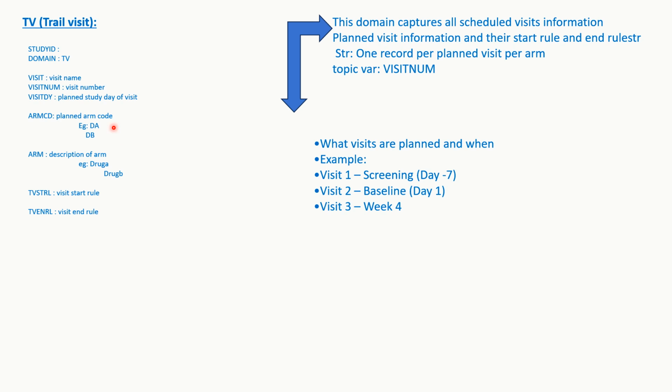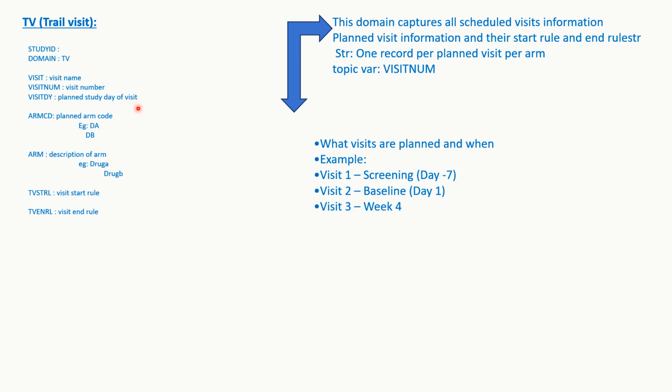In TV domain, the variables are study ID, domain, visit num, visit DY, arm code, trial visit start rule, visit end rule. Here, visit is nothing but visit name. For each visit, one number will be there, right? That is visit number. This visit DY is the planned study day of visit.